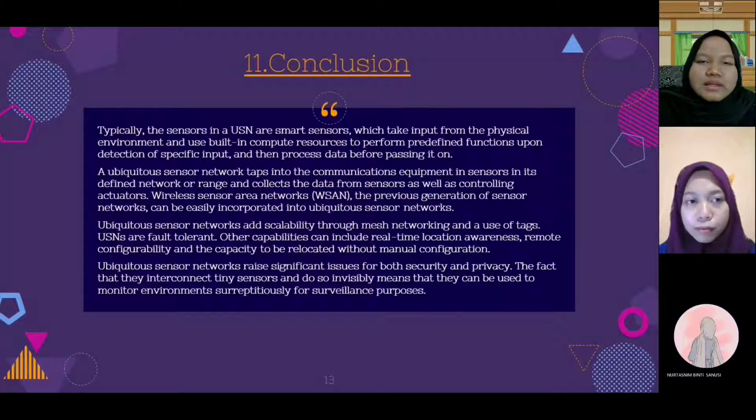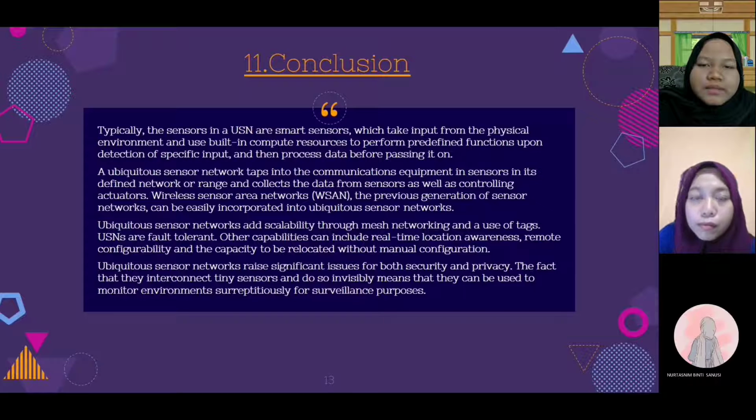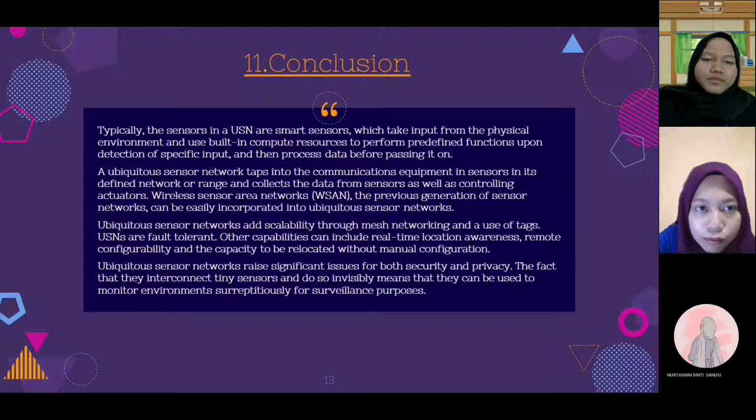Conclusion. Typically, the sensors in a USN are smart sensors which take input from the physical environment and use built-in computer resources to perform predefined functions upon detection of specific input, and then process data before passing it on.